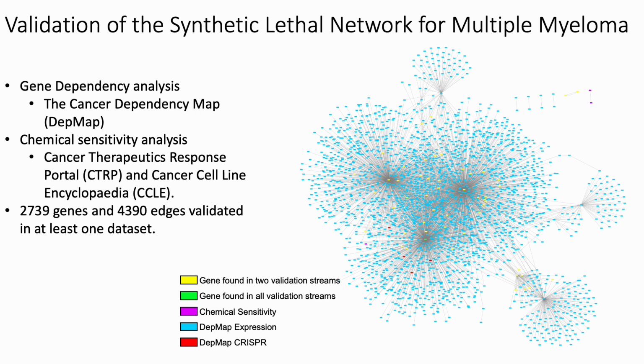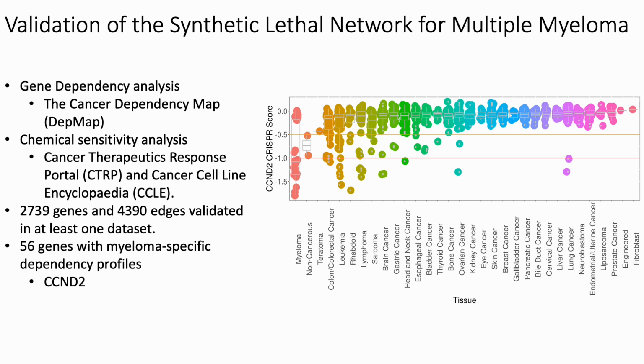The node colour within this network represents the type of validation and if a gene was found in more than one validation dataset. We then measured the dependency profiles of genes present in the synthetic lethal network, and we found 56 genes had significant myeloma-specific dependency profiles.